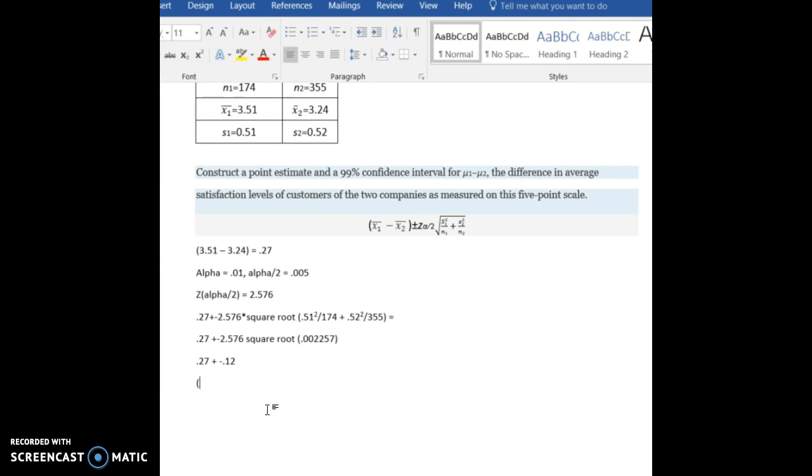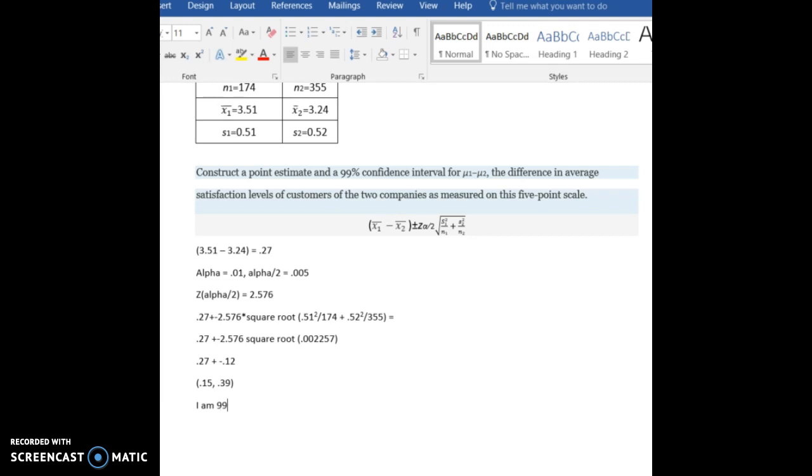So my confidence interval: 0.27 minus 0.12 is 0.15, and 0.27 plus 0.12 is 0.39. All right, now let's make our statement.